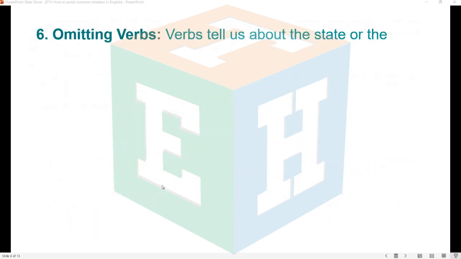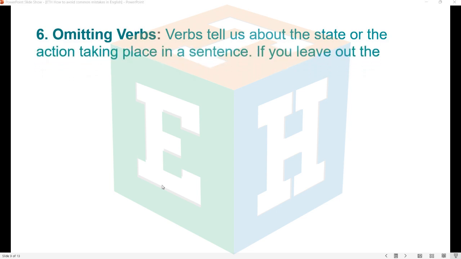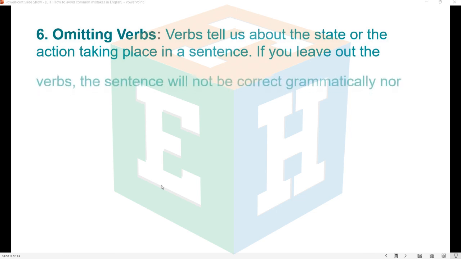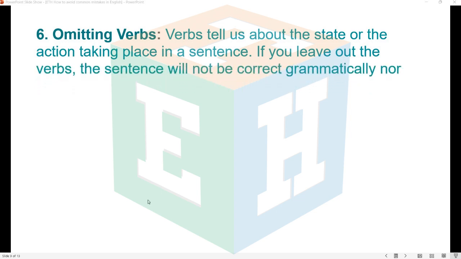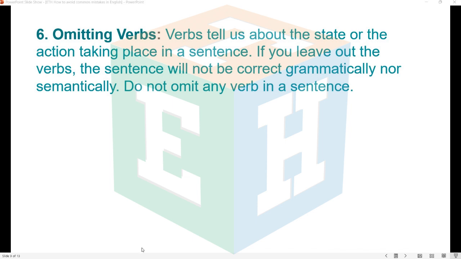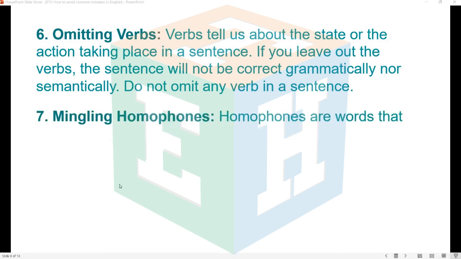Number 6, omitting verbs. Verbs tell us about the state or the action taking place in a sentence. If you leave out the verbs, the sentence will not be correct grammatically nor semantically. Do not omit any verb in a sentence. Number 7, mingling homophones.